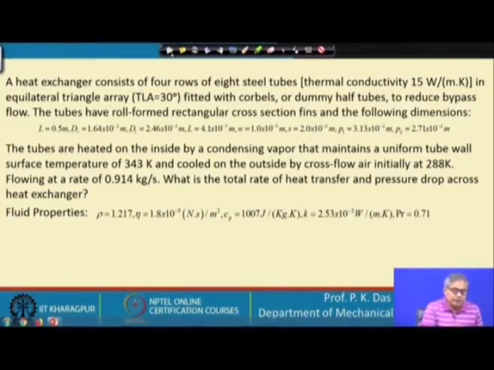Actually, this first length one should take as the length of the tube, and the second L is a typographical mistake over here.